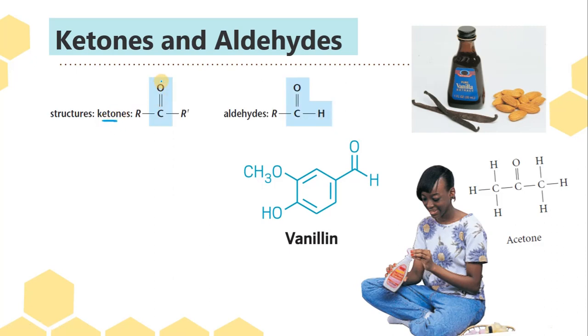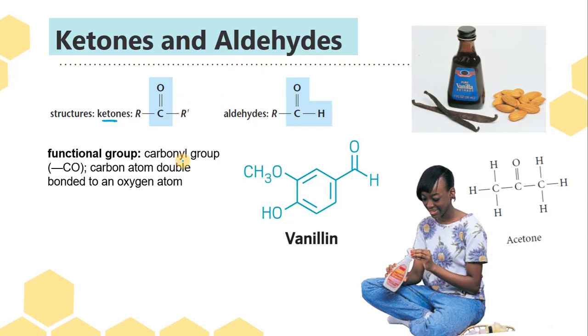The part in blue is what you call the carbonyl group: a carbon atom double bonded to an oxygen atom. For the ketone, the carbonyl is in the middle. For the aldehyde, it is at the end. So RCOR for the ketone, and RCOH for the aldehyde.